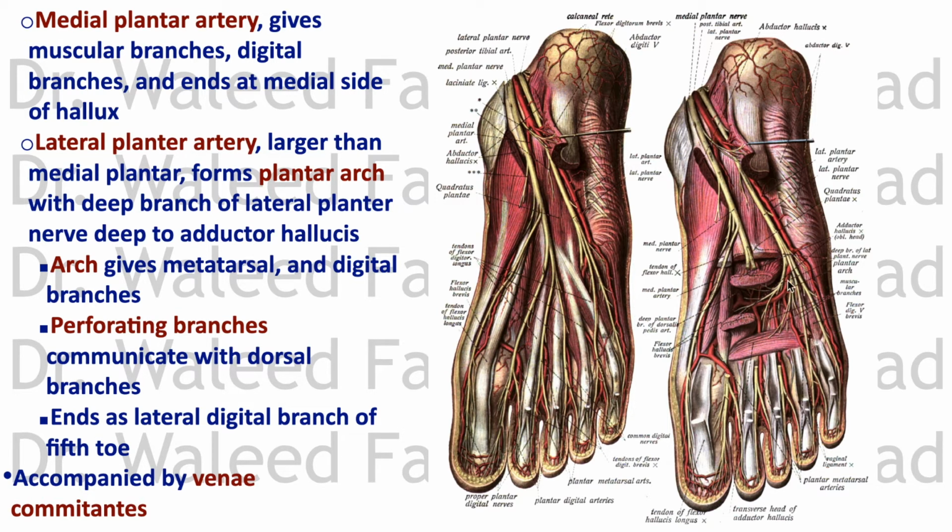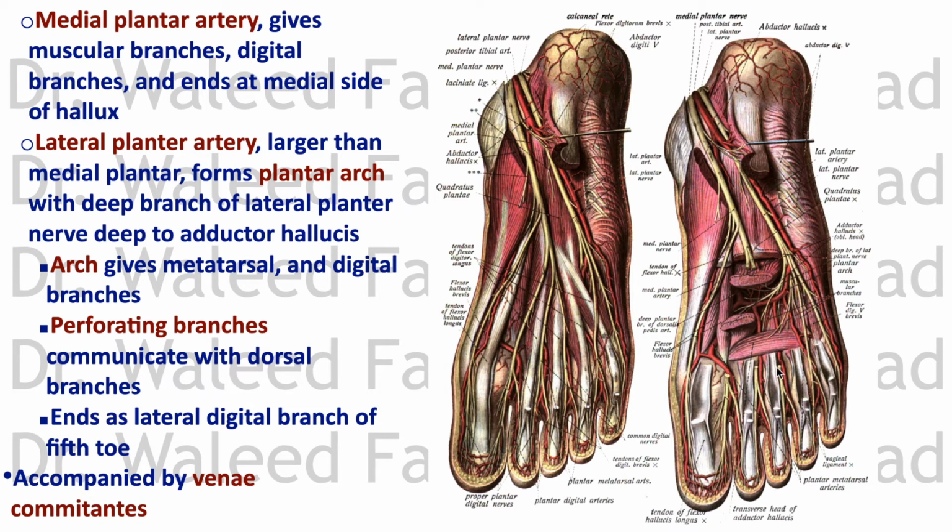See? It forms the plantar arch with the deep branch of the lateral plantar nerve in the concavity of the arch. The arch gives metatarsal and digital branches, and the perforating branches between, remember the ones we talked about when discussing the dorsal metatarsals.